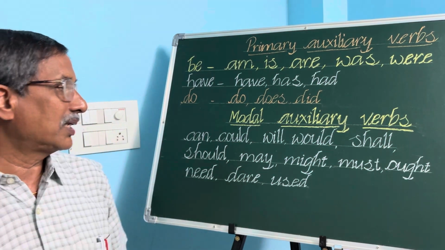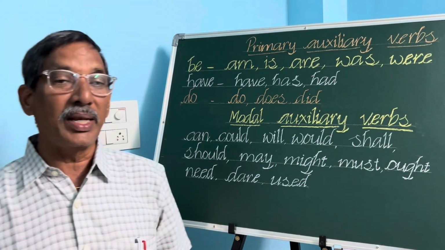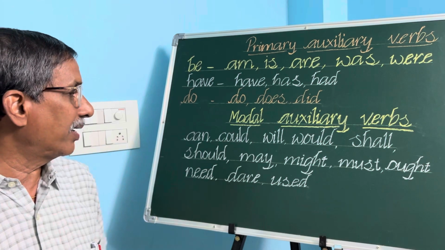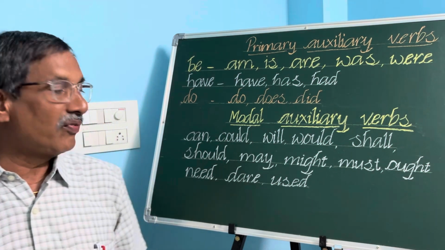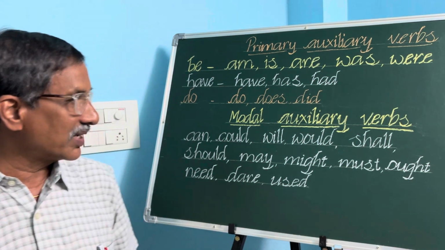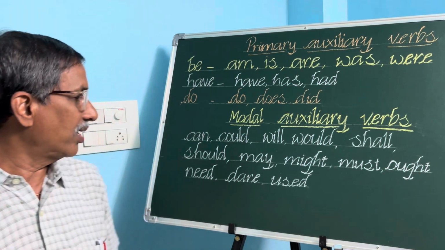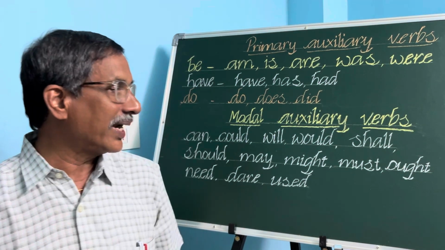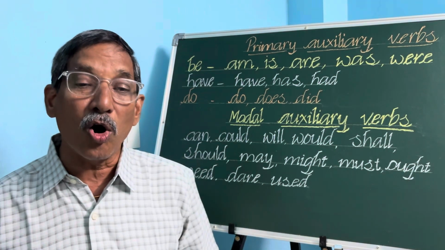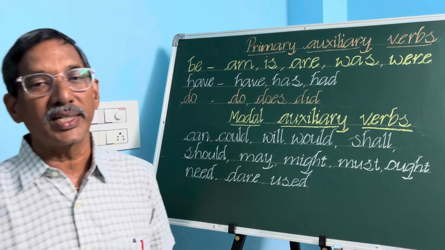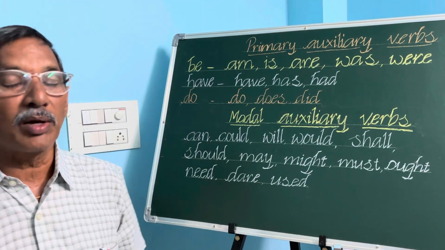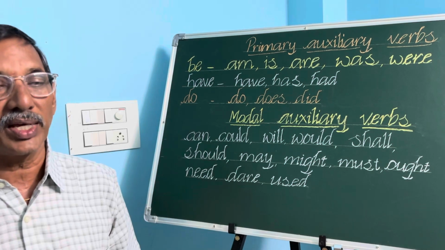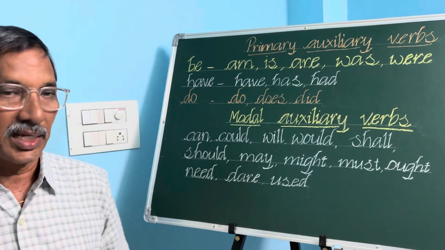Modality, that means can, ability, and will, that means a request, would, and may, might, must, ought, should, etc. They express the modality of the sentence. They are called modal auxiliaries.